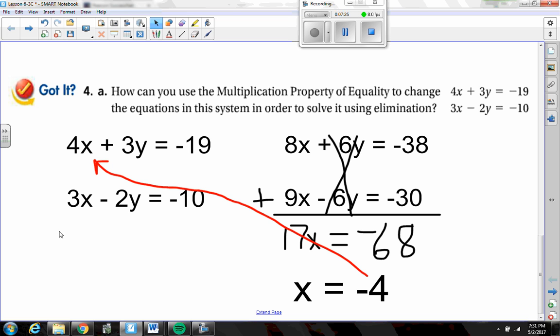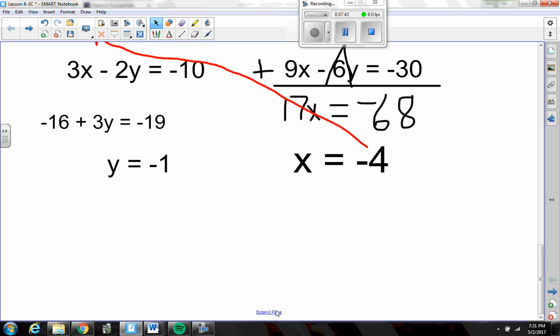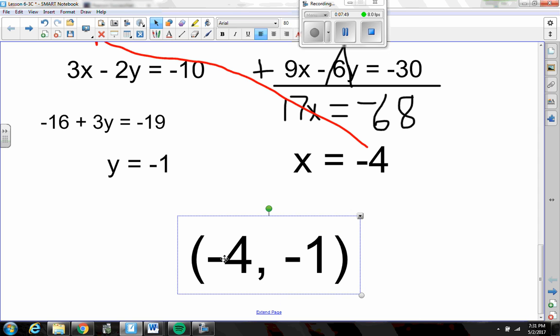What I end up getting is negative 16 plus 3y equals negative 19. And when I solve that, I pretty quickly get y equals negative 1. So I'm ready to write my coordinate point here, negative 4 comma negative 1, x comma y, x first, y second. There's my answer, and I've solved the system of equations.